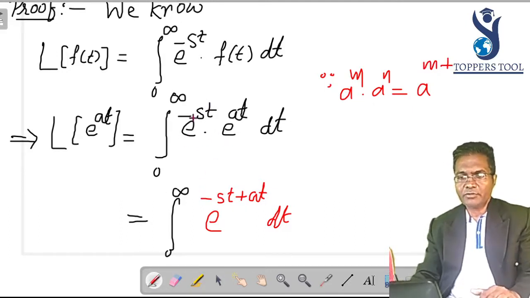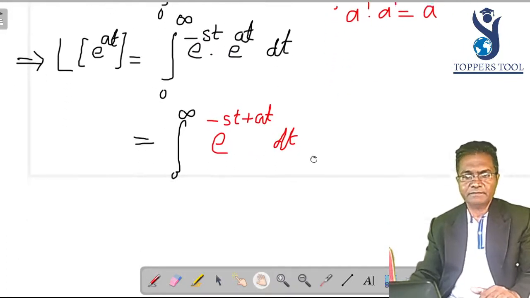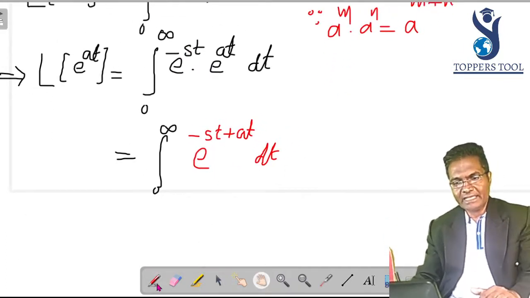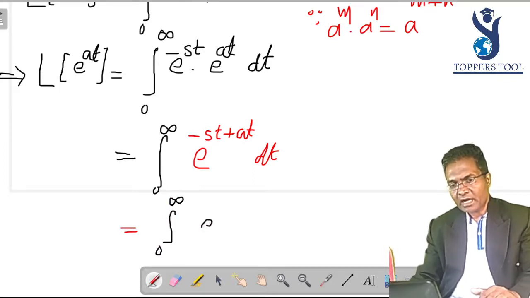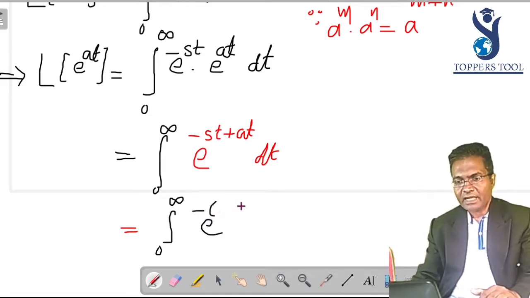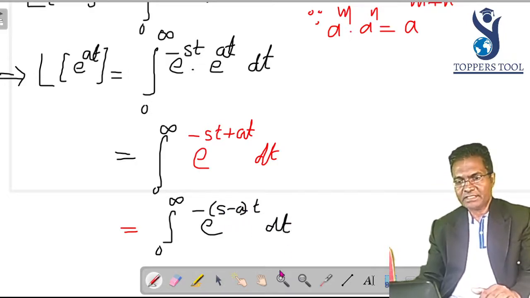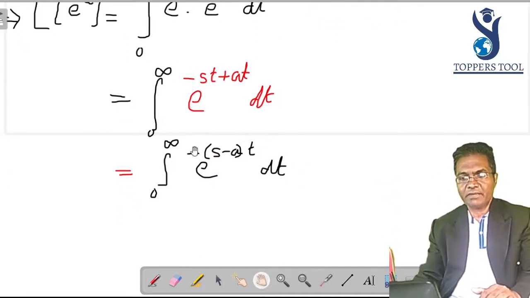So powers to be added, e power minus st plus at. So 0 to infinity, I take minus t common. So minus common and t common. So what will be left with? s minus a dt. Okay, I have taken minus common and t common. So you are left with s minus a.